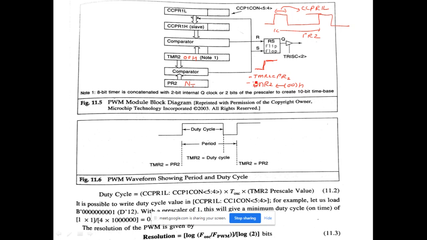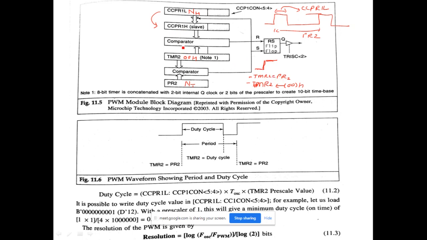At the same time, the content of the CCPR1L register is copied into the CCPR1H register. It is shown here. You can see that the output of the comparator will do this task also. Whatever count is stored here, this count is stored for the high time, n equal to NH, so high time. So that count is copied into the H register. So that is what happens when these two counts match.